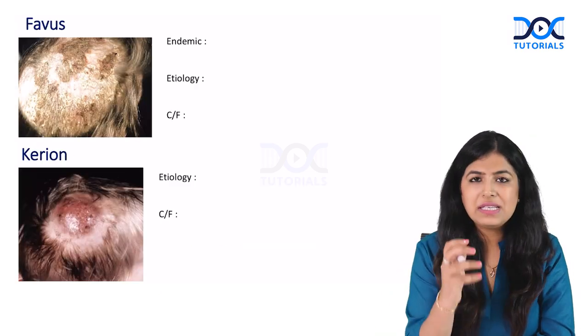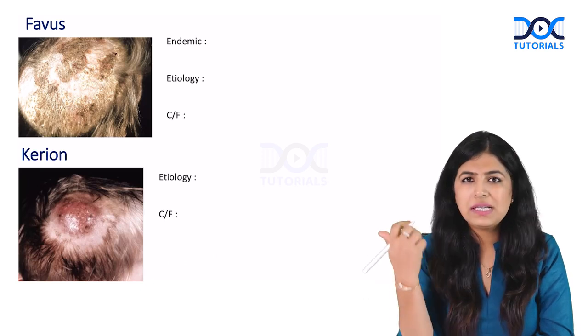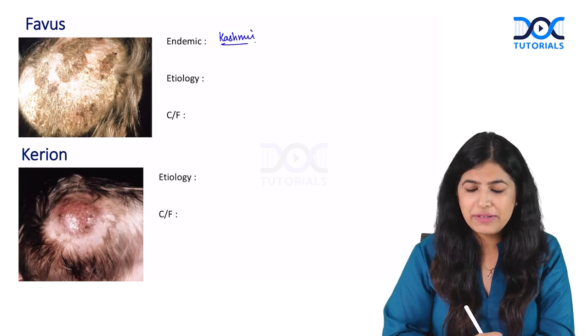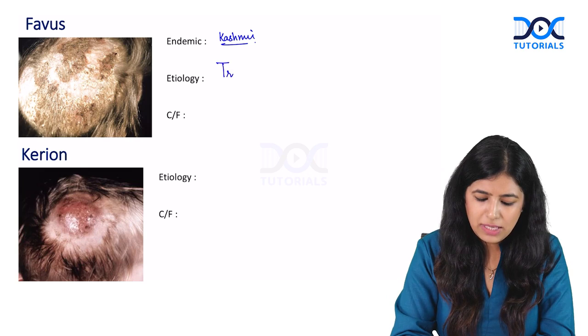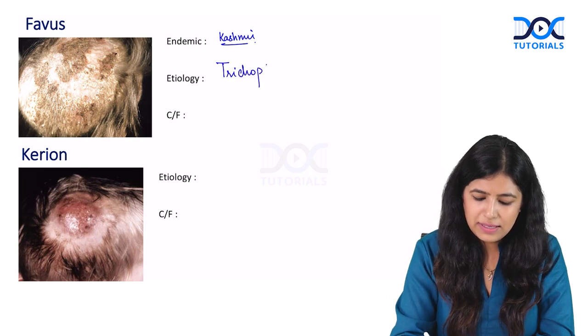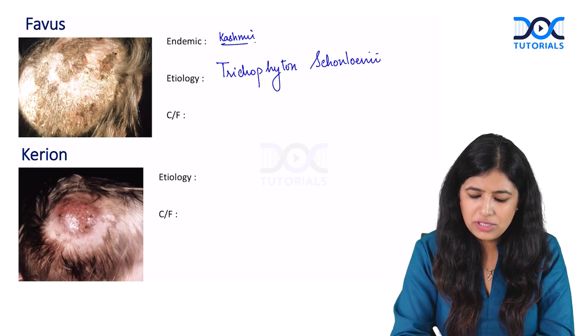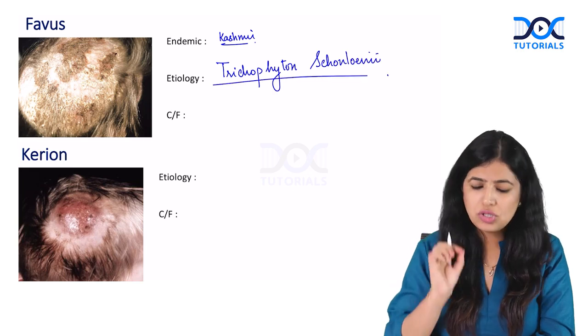Now, Favus is a type of disease which is generally seen in Africa. In India, in some few areas of Kashmir, you may see Favus. This is caused only by one fungus, that is Trichophyton schoenleinii. Remember the name. This is an important question. Trichophyton schoenleinii.